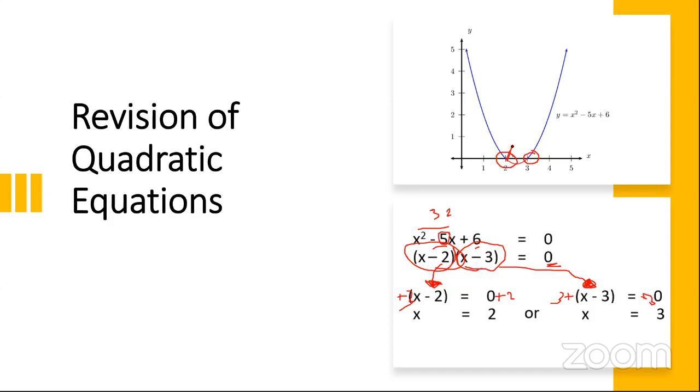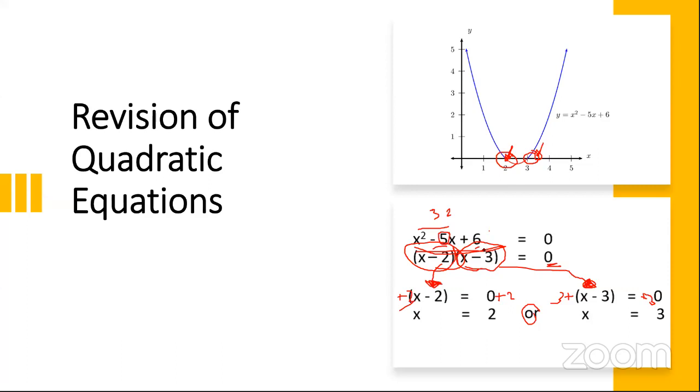And here on our graph, it's very clear: x is equal to 2 or x is equal to 3. Both 2 and 3 will make this equation true. Substituting both 2 and 3 into your original equation will make it true.